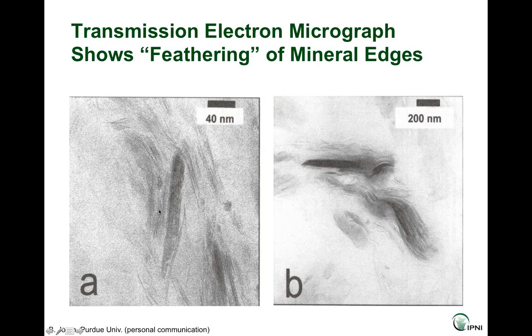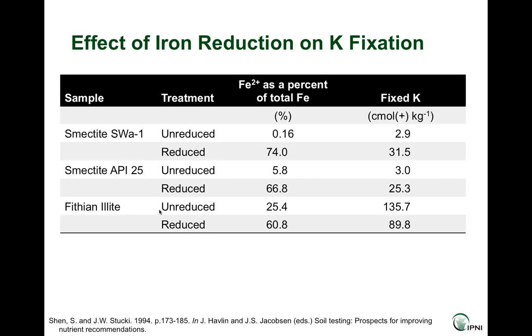One of the things that is very important for us in the reaction of potassium in soils is how much water is present, and that affects the charge of iron in these minerals. Minerals like smectite and illite have iron substituted in for aluminum in that middle octahedral layer, and that iron can take on two different charge states.